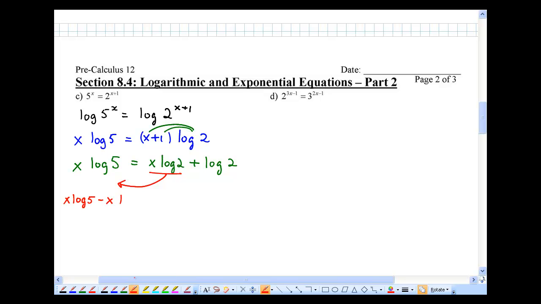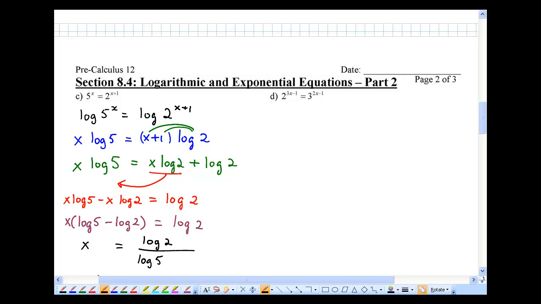It's multiplication, right? Once I have x's on one side, I'm going to factor out the x so I can have the number by itself. So that's log 5 minus log 2. And that's log 2 on this side. And of course, we want to solve for x. I will do that by taking log of 2 divided by log 5 minus log 2.